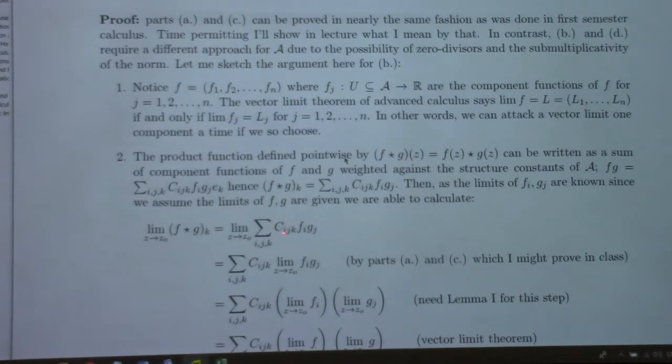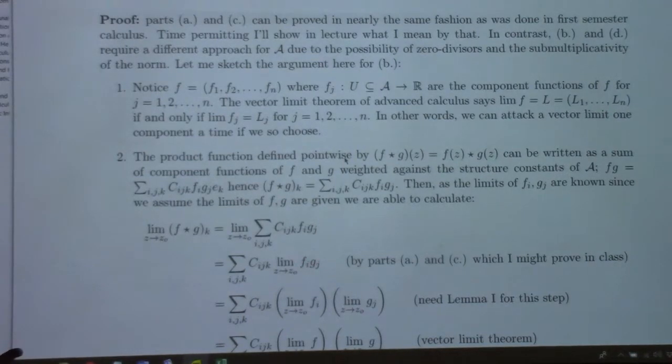But first of all, we proved already that we can pull the constant out of a limit, right? I actually just proved that in class. If you combine what I just did with what I did before about the limit of a constant being a constant, right? So that's by what I already did in class today. And then this right here, I need a lemma, that the limit of two of these, which are real valued.